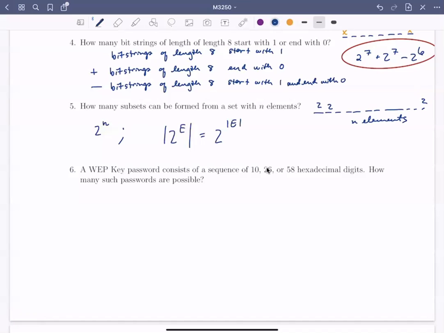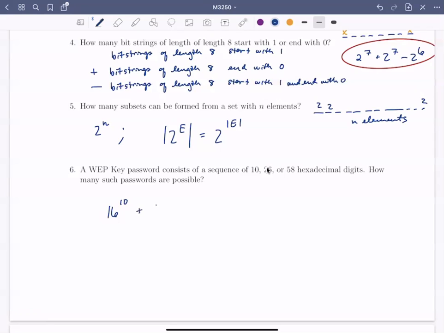All right, a WEP key password consists of a sequence of 10, 26, or 58 hexadecimal digits. Hexadecimal means base 16. We want to know how many such passwords are possible. There's no overlap, so these are disjoint sets, and we can just add. How many hexadecimal sequences are there that are 10 characters long? There are 16 choices for the first character, 16 choices for the second, and so altogether there are 16 to the 10 sequences of hexadecimal digits.